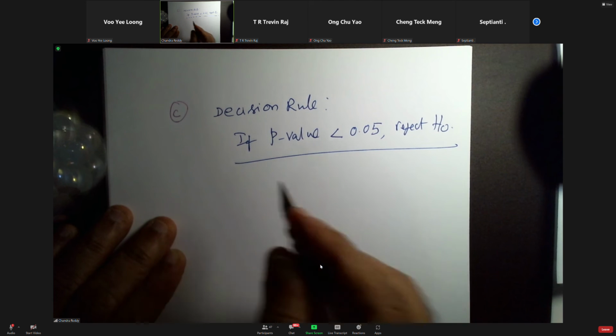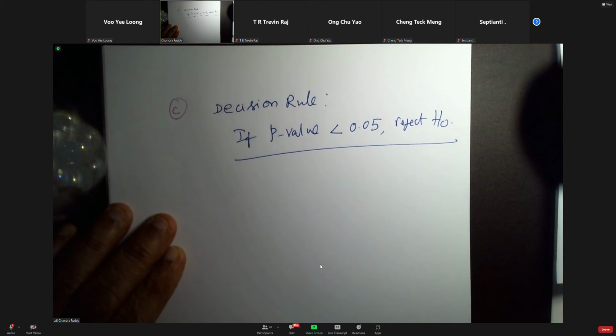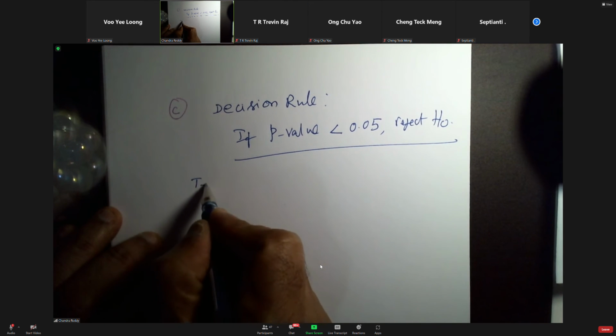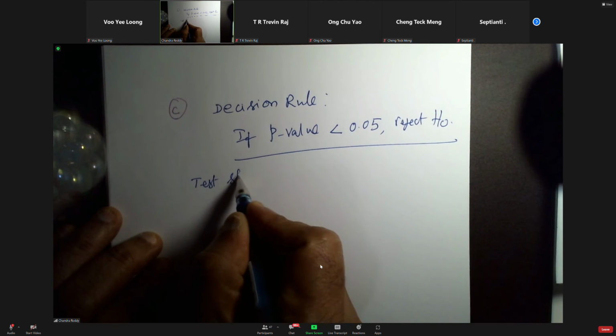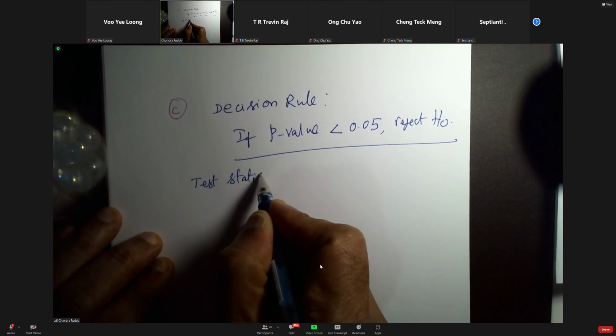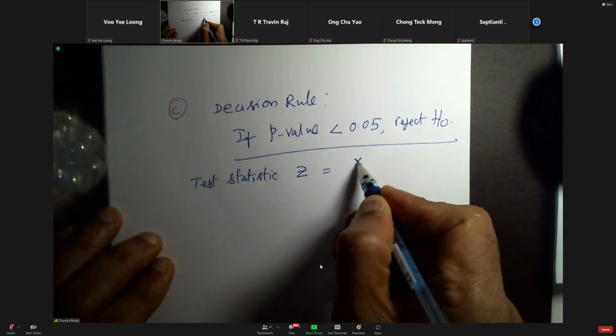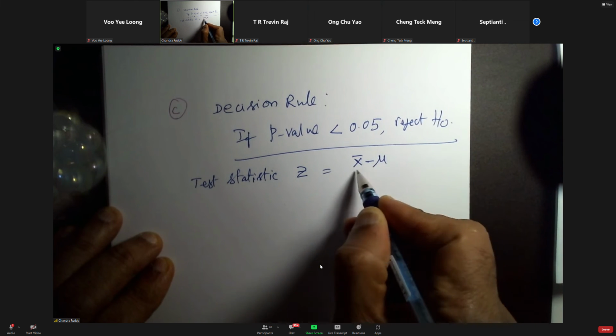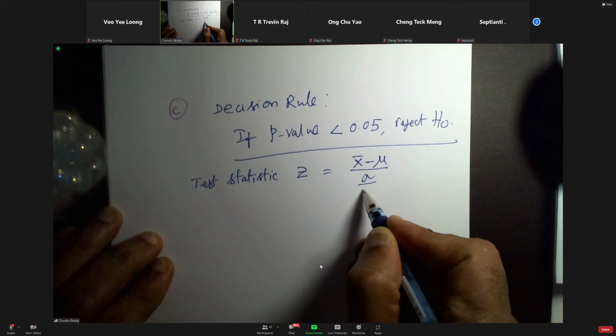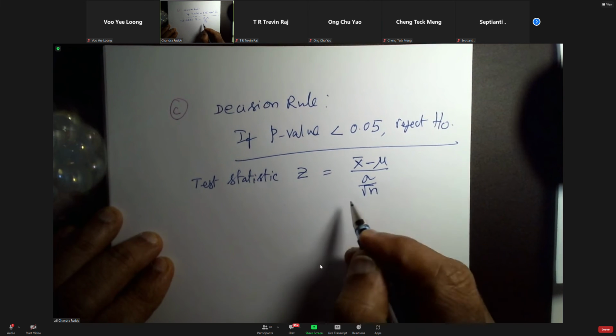So what is the test statistic? We have calculated it already. The test statistic is x bar minus mu over square root of n.